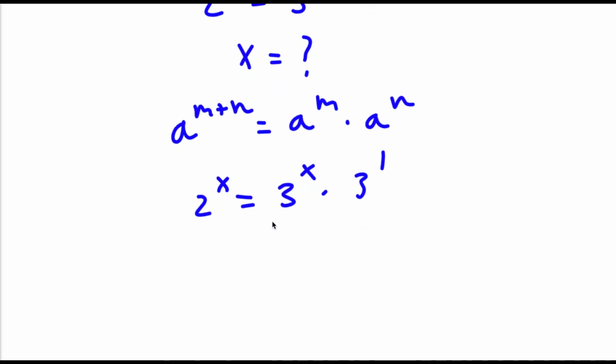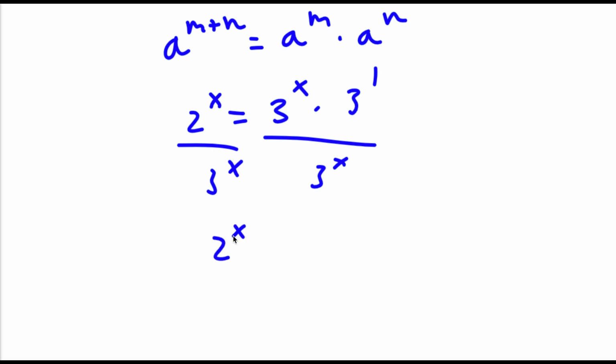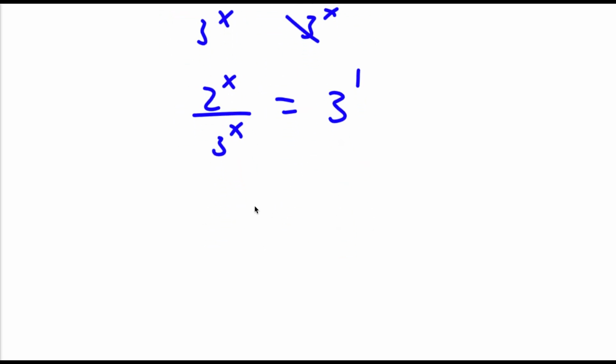Now, if I divide both sides by 3 to the power of x, I get 2 to the power of x over 3 to the power of x is equal to, and then these two will cancel out, so I'll simply be left with 3 to the power of 1. Now 3 to the power of 1 is the same thing as simply 3, so now I have 2 to the power of x over 3 to the power of x is equal to 3.